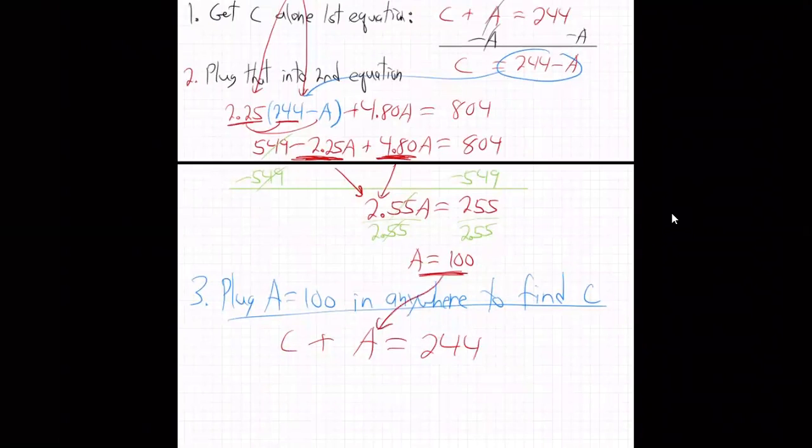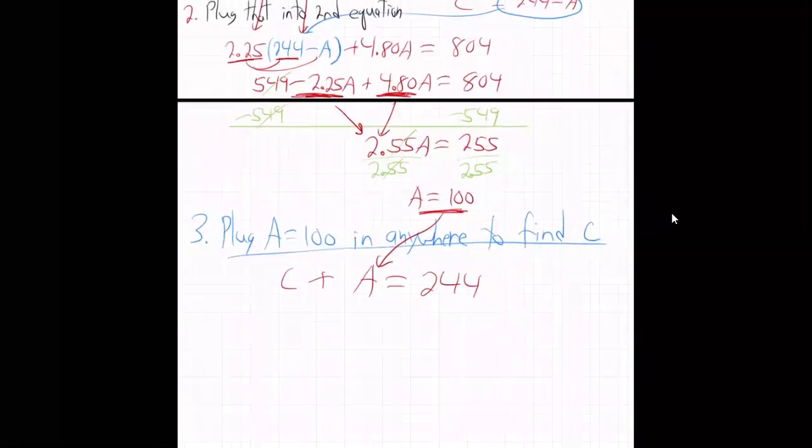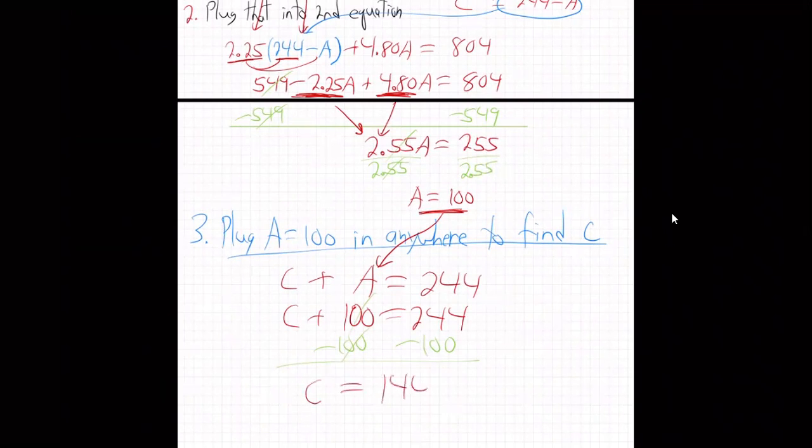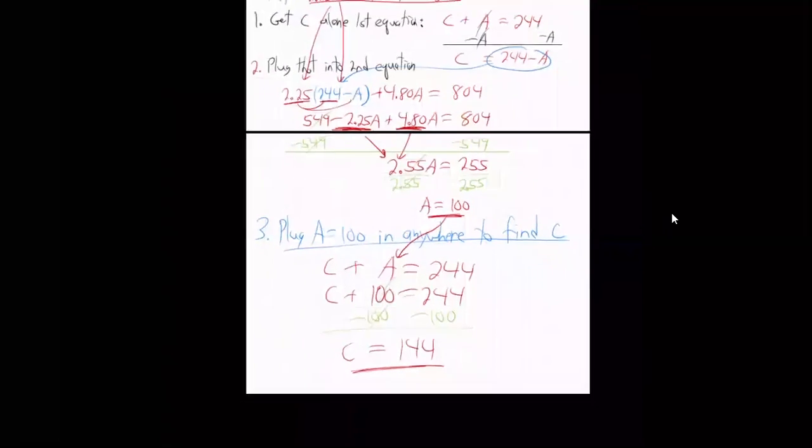And you really could just subtract, right? Because the total number of people was 244, and 100 were adults, so it's got to be 144 kids. Probably the easiest thing is just subtract, but anyway, I'll do this more formal way. You plug in 100, and it ends up just subtracting the 100. So C will equal 144 children.